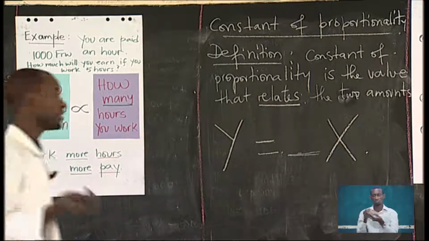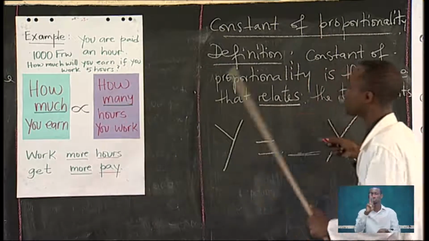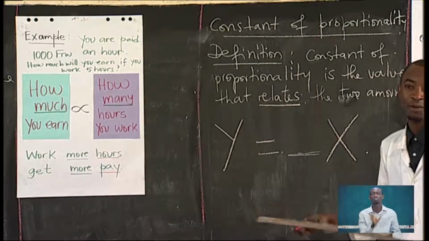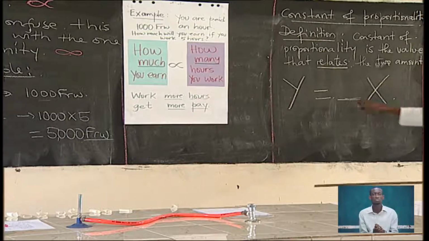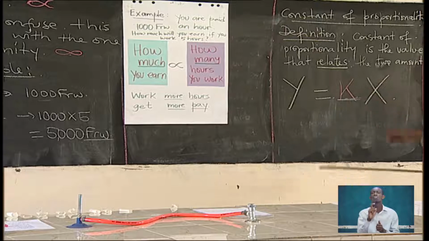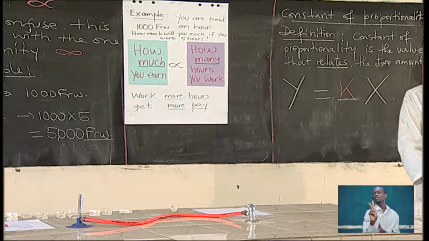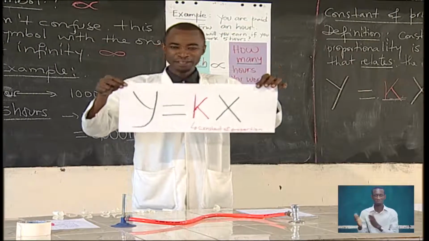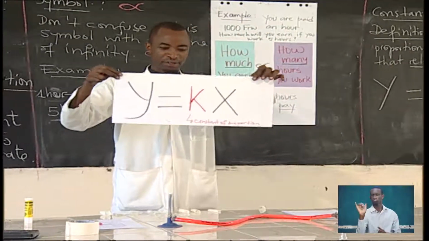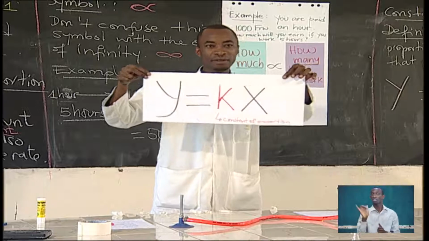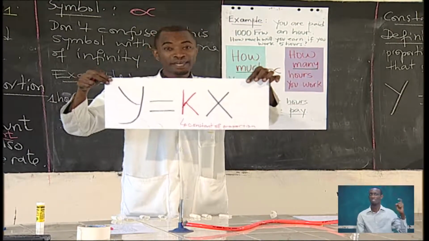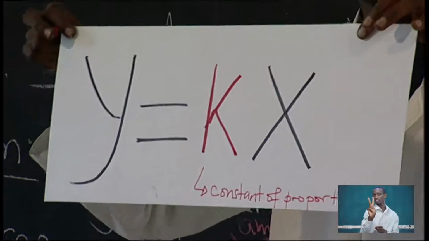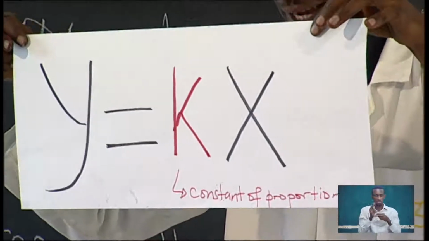Actually, we give the symbol of constant of proportionality by any letter you want. But we've chosen to use k as the constant of proportionality. Here is what I have prepared for you. When you have y, it will be proportional to x, but when multiplied with the value k, which is called constant of proportionality. Do you look at this?